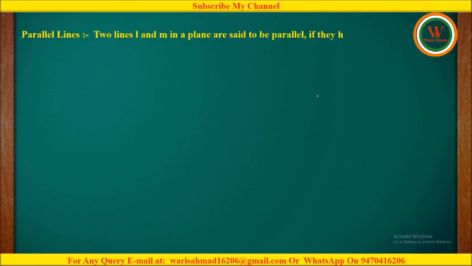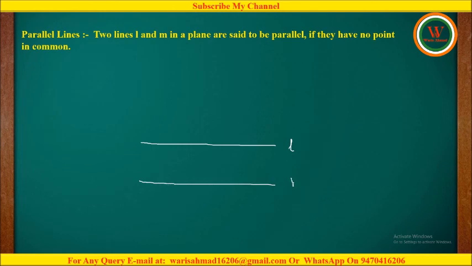Now the next topic is parallel lines. Two lines L and M in a plane are said to be parallel if they have no point in common. Means suppose we have a line L, second line that is M. If they are not intersecting at any point, means they do not have any common point, then they are said to be parallel lines.